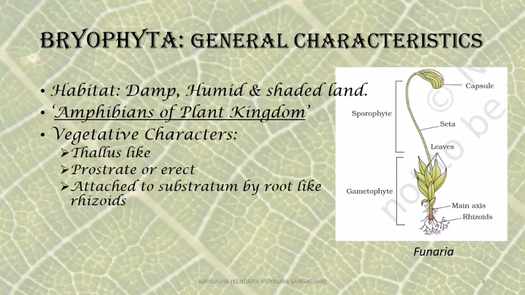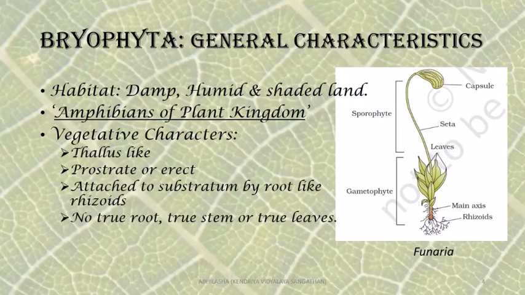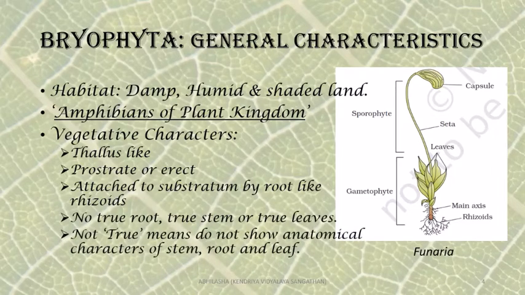I say root-like because these are not true roots. They are similar in appearance to roots. They also do not have true stem or true leaves. When we say the word true, it means that if you cut the stem, root or leaves, they will have a specific organization of tissues inside, which you have studied in your previous classes.